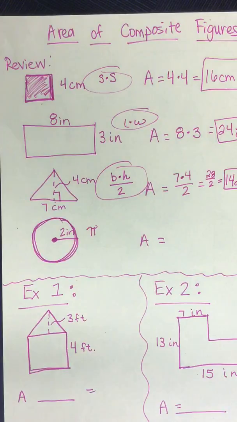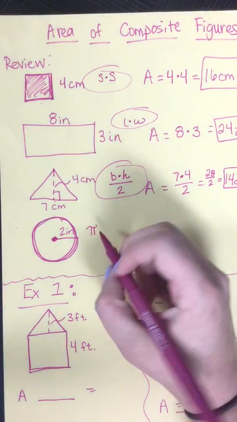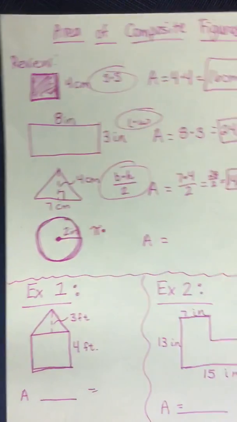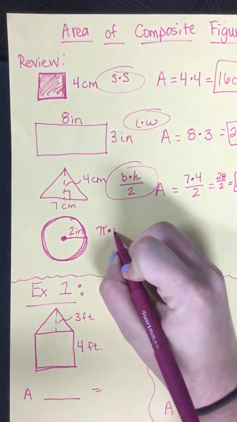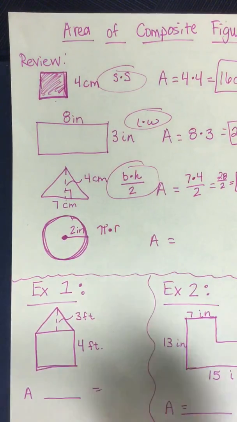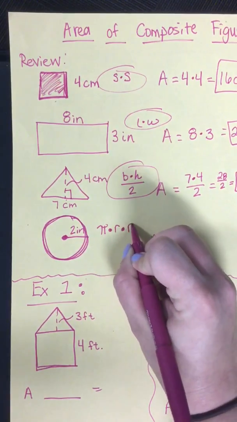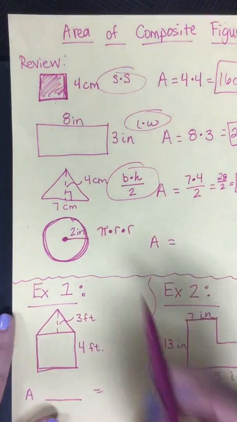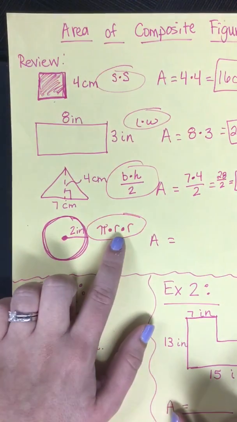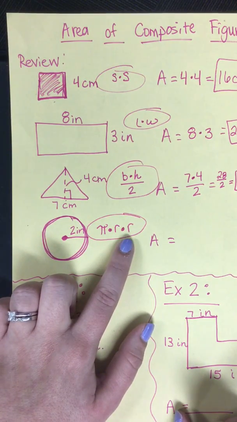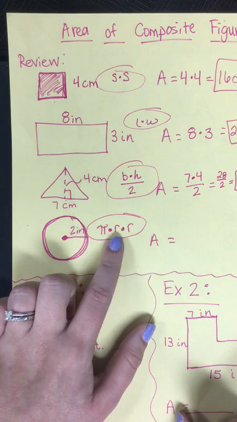What is that? Pi. So that equals 3.14. Anybody know the rest? Yeah? Radius times radius. Oh, yeah. And then the answer equals pi times r times r, which means radius.